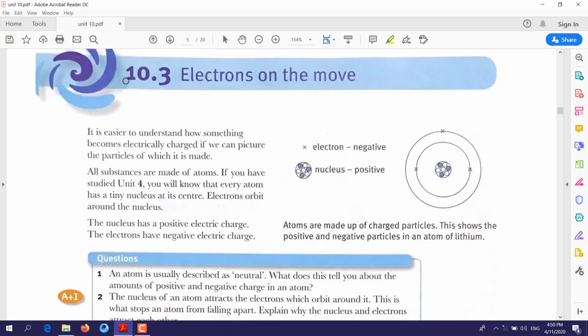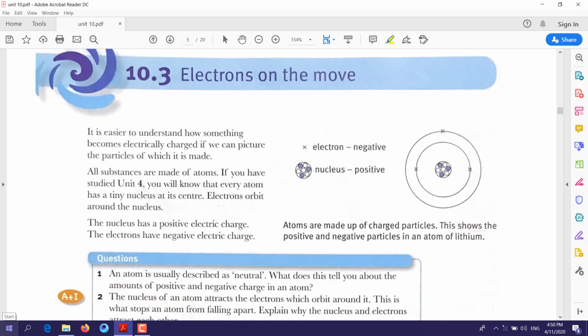10.3 Electrons on the move. To better understand static electricity, we should know firstly what we mean by a charge, and where this charge comes from.